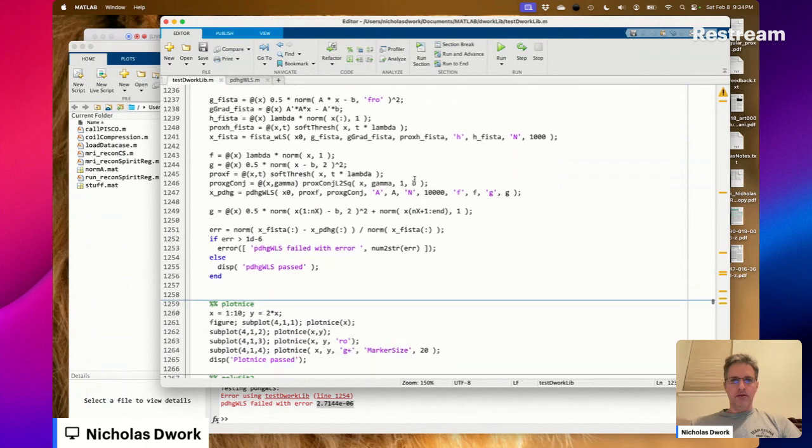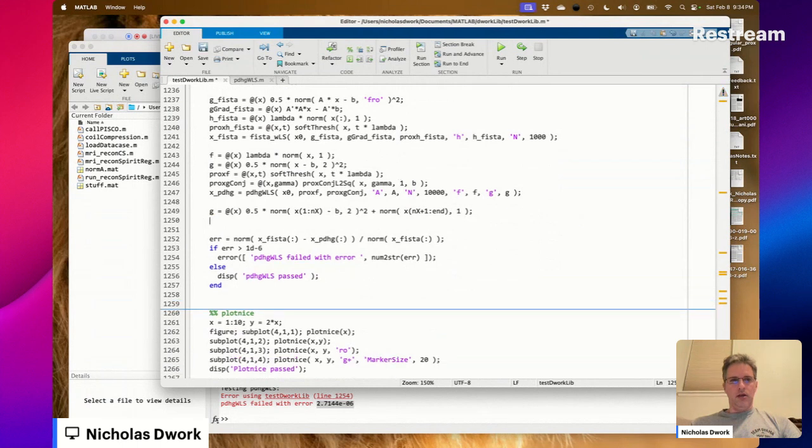What's the proximal operator of that? Prox L2 square.